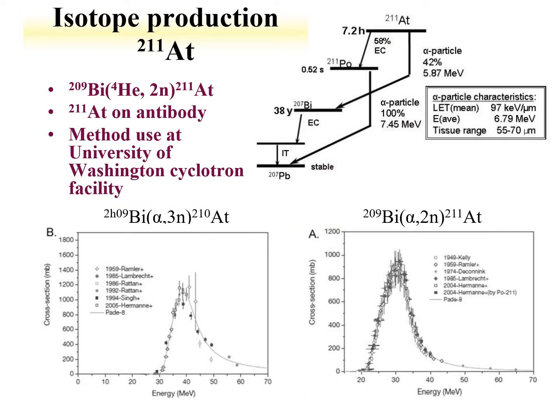A specific example for the production of medical isotopes is provided here for astatine-211. This reaction uses a bismuth-209 target and a helium projectile, an alpha,2n reaction, to make the target radionuclide. This radionuclide, the astatine-211, is then introduced to a monoclonal antibody.